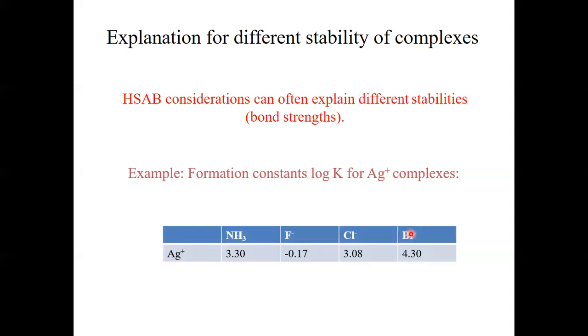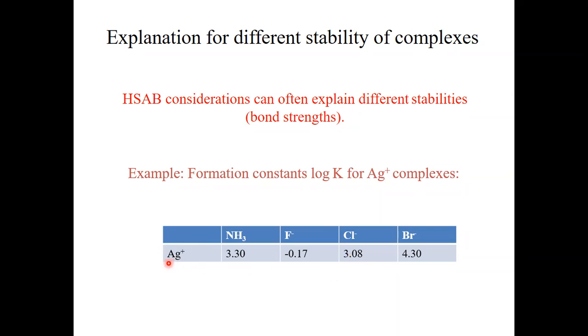And with bromide, it's 4.30. So obviously, the complex with bromide is thermodynamically most stable. The complex with fluoride is thermodynamically least stable, and the complexes with amine and chloride are intermediate. So you see that this aligns with what HSAB would predict about the stability of the complexes.